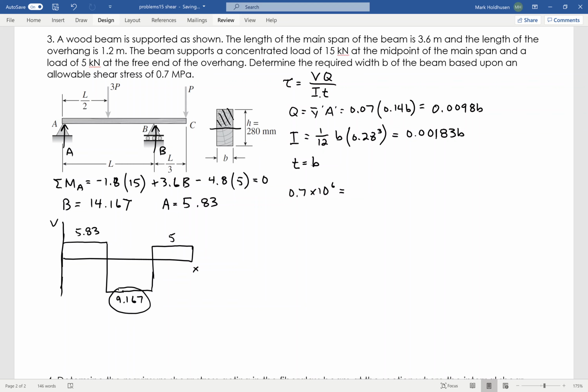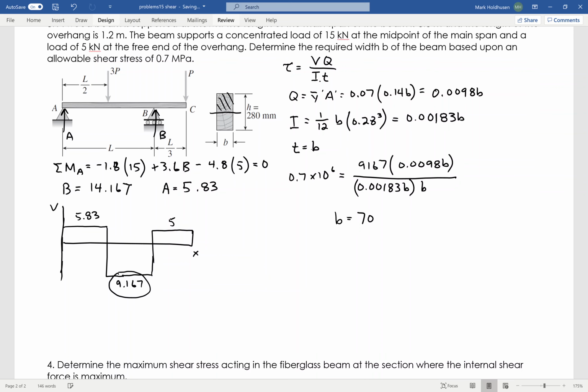So then in newtons, that's going to be 9167 times Q, which is 0.0098 B, divided by I, which is 0.00183 B, and that will be then times another B. So I have this equation. I can solve it for B, and I find that B has got to be 70 millimeters for it not to exceed 0.7 megapascals.